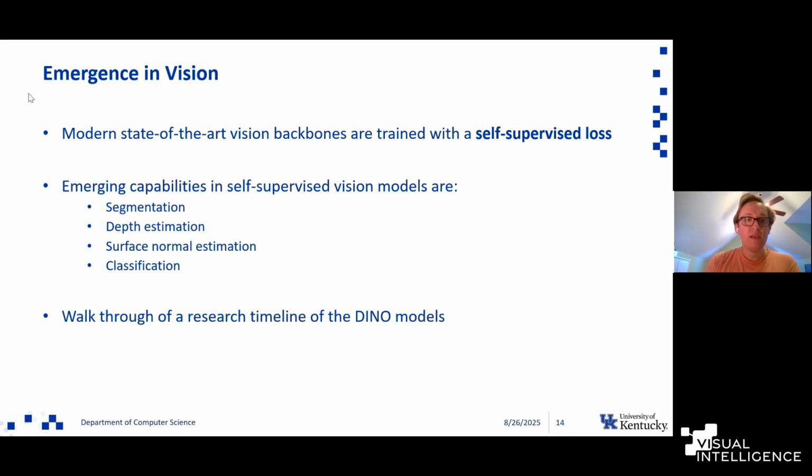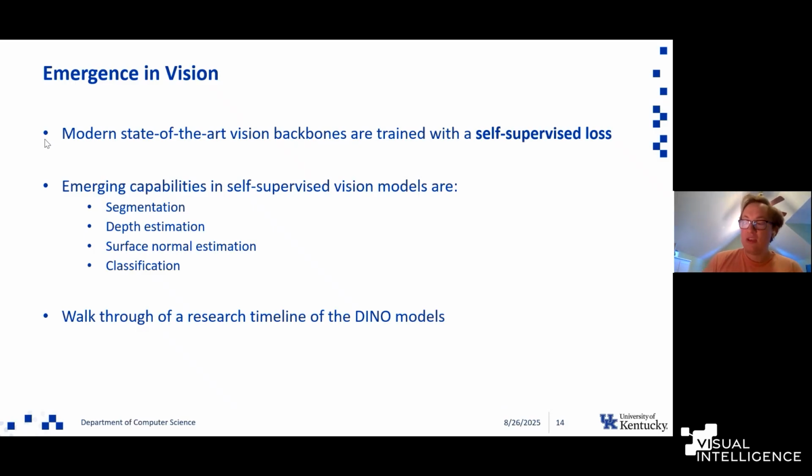As I mentioned earlier, modern state-of-the-art backbones in vision, but also in general for language and most tasks these days, are trained with a self-supervised loss. What this means is the labels that you're training with are derived from the data itself and not from some classification label.